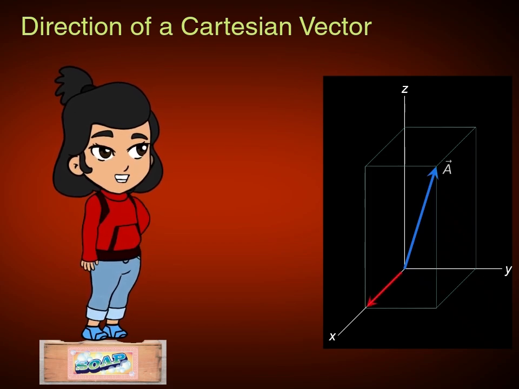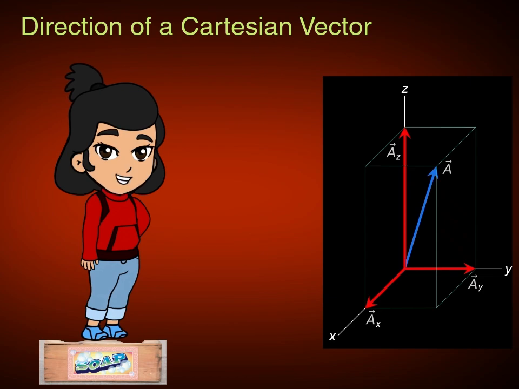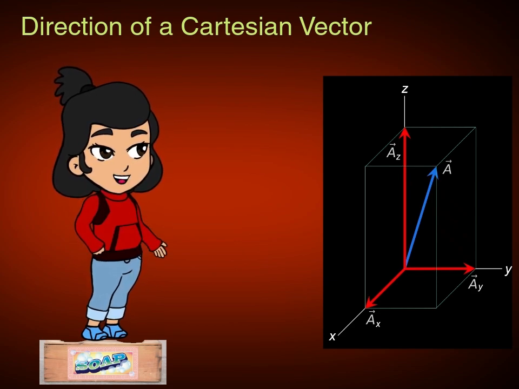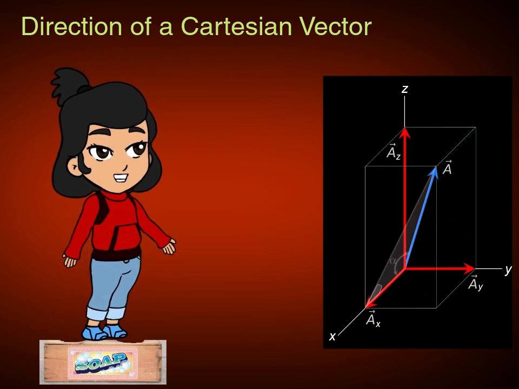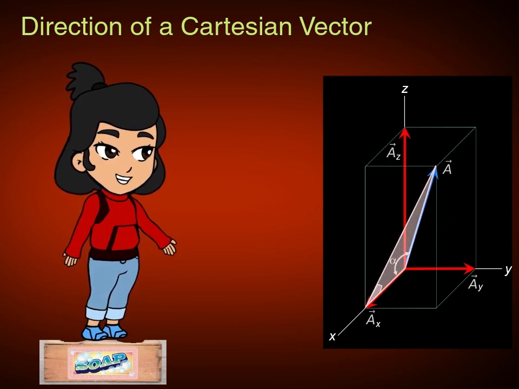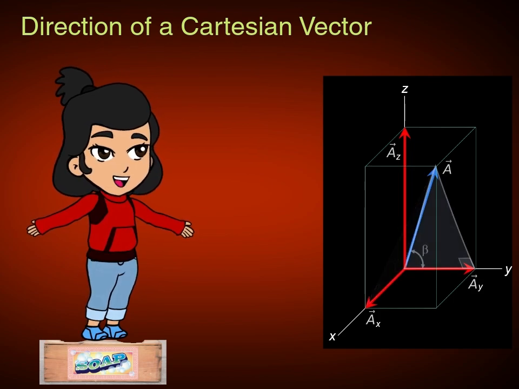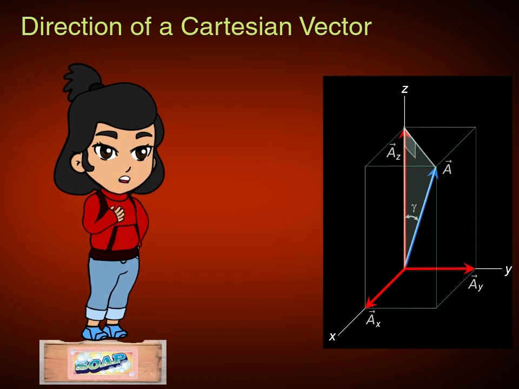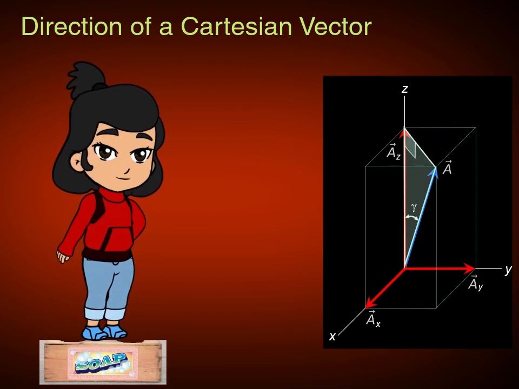The direction of orientation of vector A can also be defined by the angles it makes with each of these axes. The angles are designated alpha, which is the angle between the vector and the positive x-axis. Then you have beta, which is the angle between the vector and the positive y-axis. And finally, you have gamma, which is the angle between the vector and the positive z-axis.